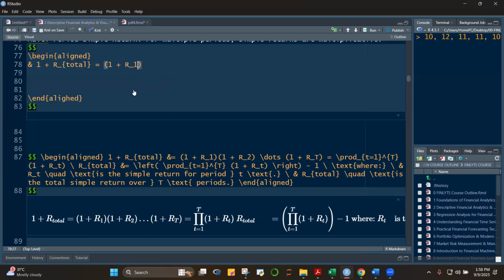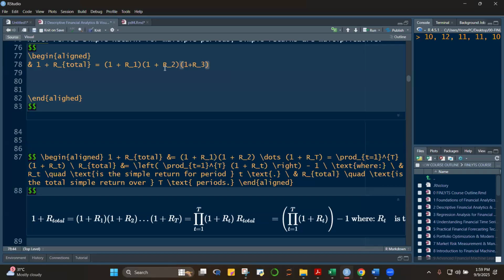That will be your 1 plus r sub 1. Parenthesis also, again, 1 plus r underscore 2. You can make it another one, 1 plus r underscore 3.